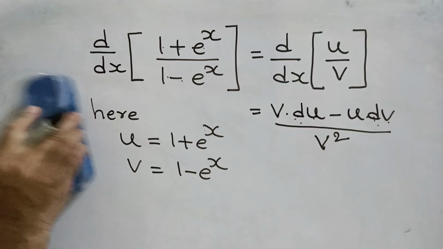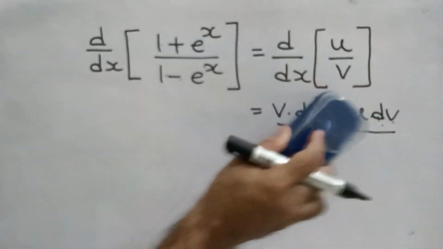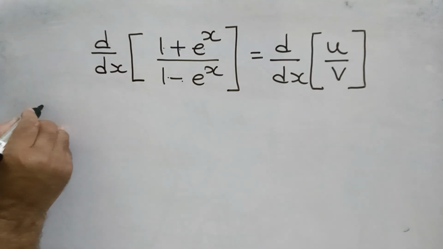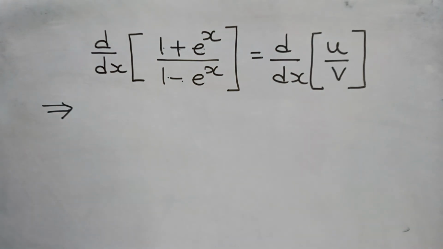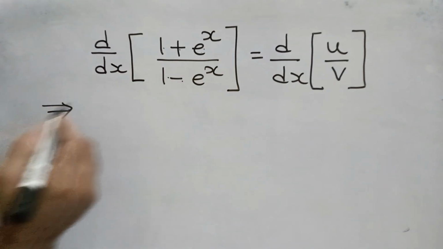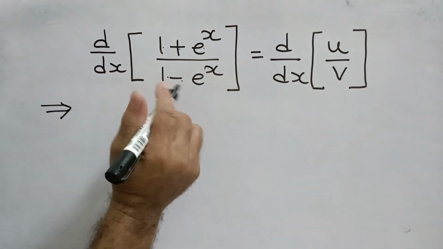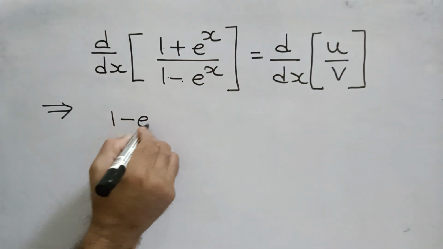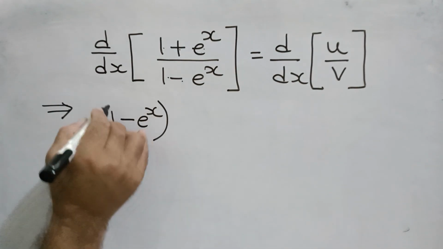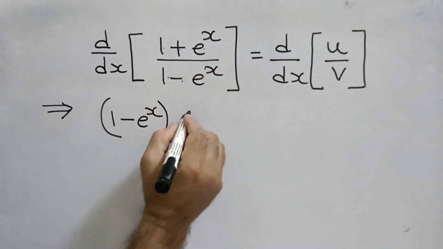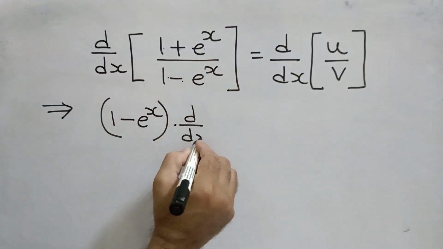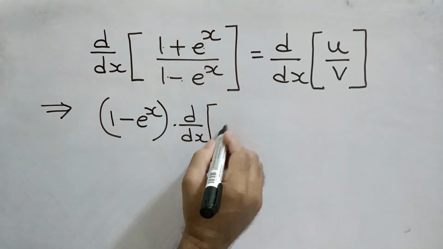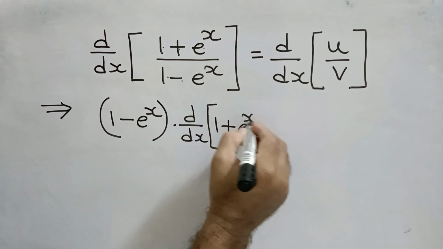Then I substitute those two terms as per our formula, so directly I will solve this. This implies, as per our formula, then simplify this. What is v? v is nothing but 1 minus e power x. This is my v into du. du is nothing but d by dx of u. What is u? u is nothing but 1 plus e^x. Getting?